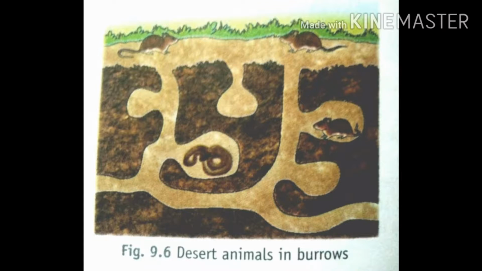Desert animals are adapted to be active during early morning and late evening when the temperature is moderate, and they rest during the day when it is hottest.